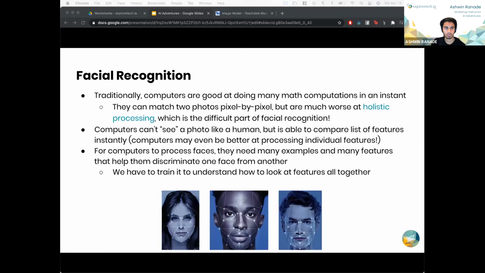For computers to process faces, they need many examples and many features that help them discriminate one face from another. You have heard that artificial intelligence and machine learning require a lot of big data, a lot of instances of when it's right and when it's wrong. That's really what allows it to learn from examples. And so we have to start training it to understand how to look at all the features together.